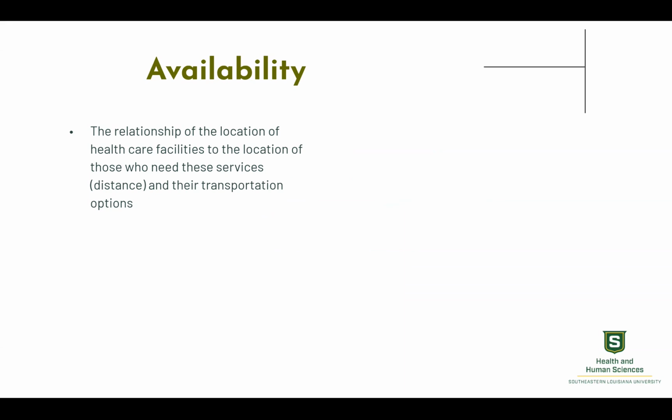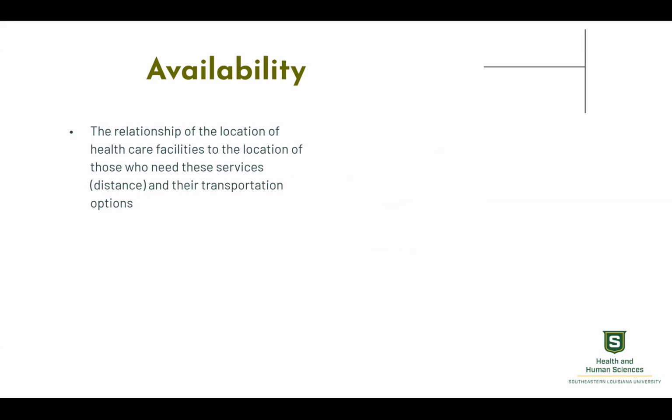I often use an example, especially as it regards Hammond. Hammond does not appear to have a public transportation system, which means that if you need to go to the physical location of a clinic, you either have to drive yourself or be able to afford paying for transportation.